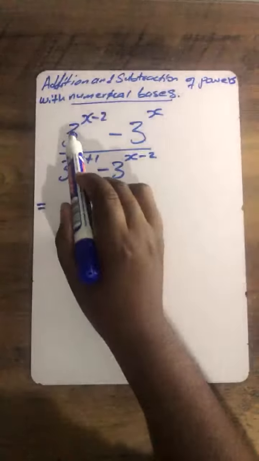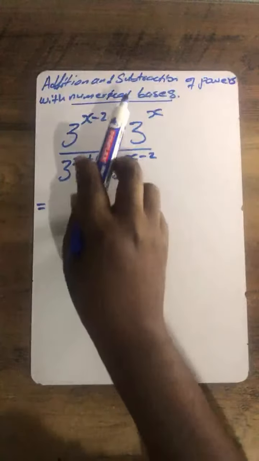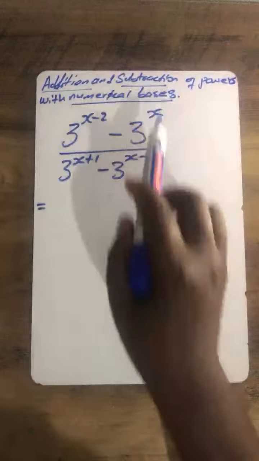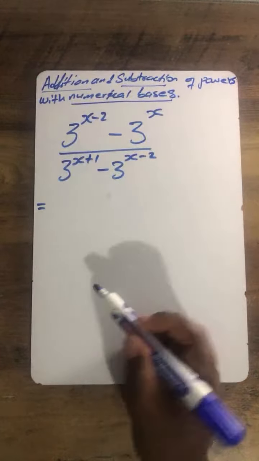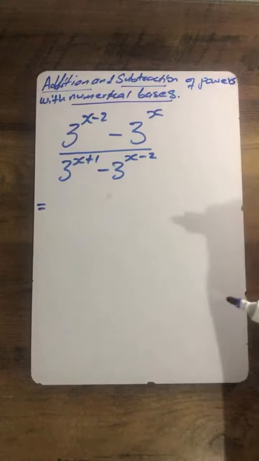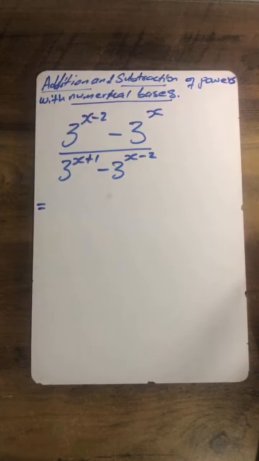So now let us try to expand. In this case where you have an addition or subtraction, you will always try to break it. It's like you do a reverse of what we were doing when we were applying the laws of exponents.